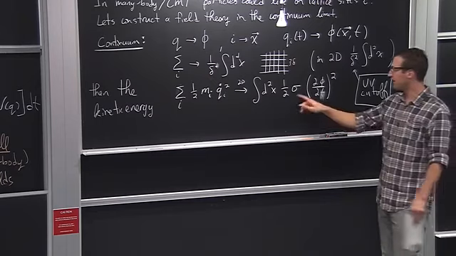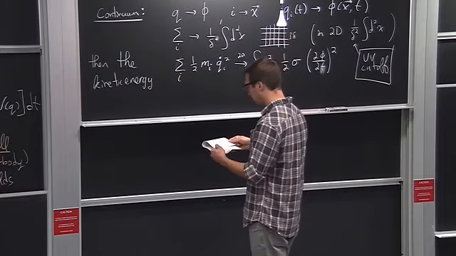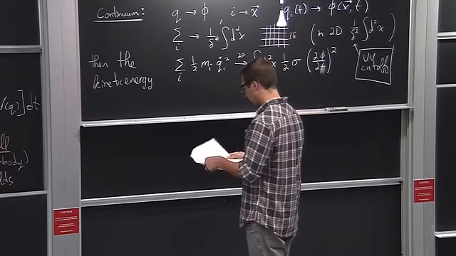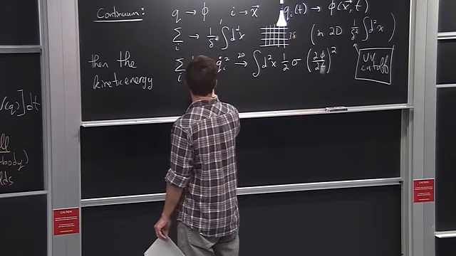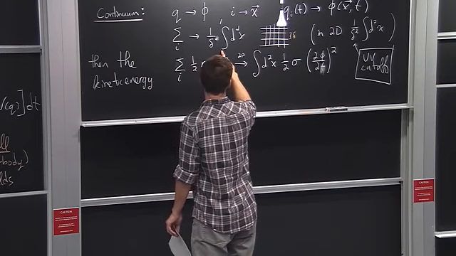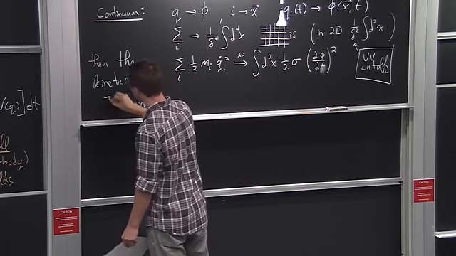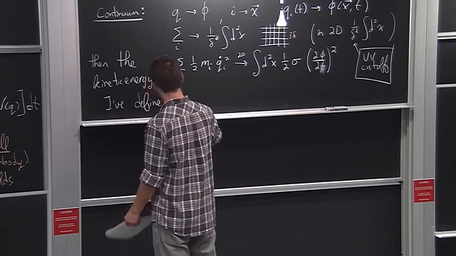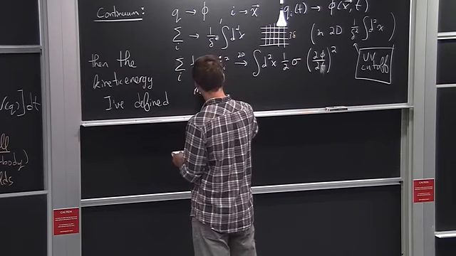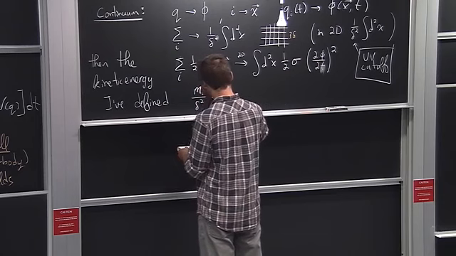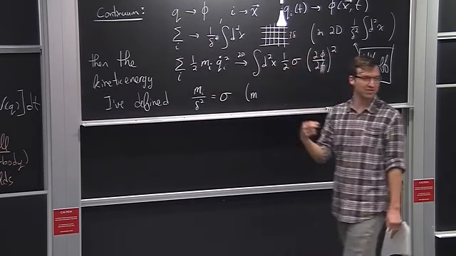So that's your kinetic energy piece. Oh yeah, this sigma is exactly what we're talking about here. So we have all these masses, and I have this integral, and I have this delta. So I've just defined in this case a mass per unit area, assuming that all the masses are the same.